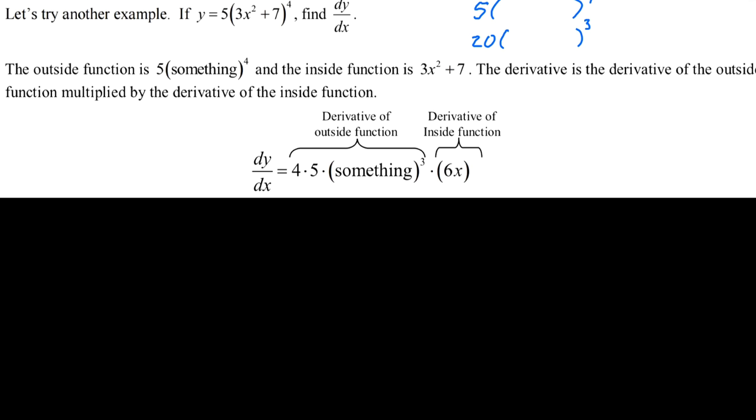That's the derivative of the outside part. In this first step, the inside part stays the same. And then your last step is to multiply by the derivative of the inside part. Well, the derivative of 3x squared plus 7 is 6x.